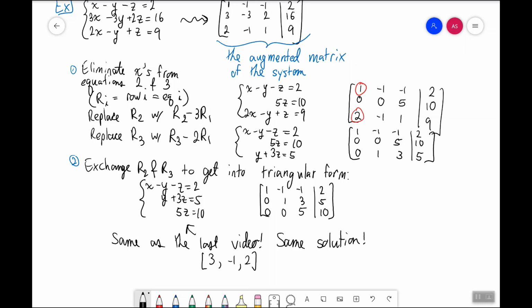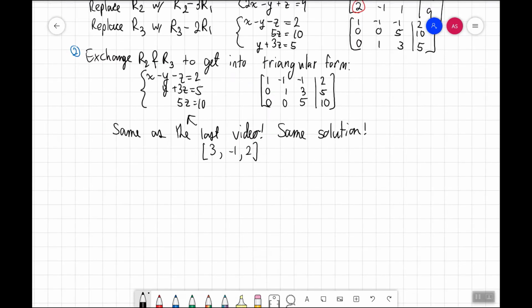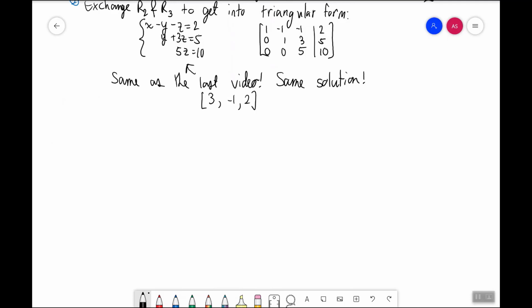Now I want to emphasize a very important point here, and that's that each row operation that we made did not change the solution set. That brings us to the one last definition before we go on to the next video.